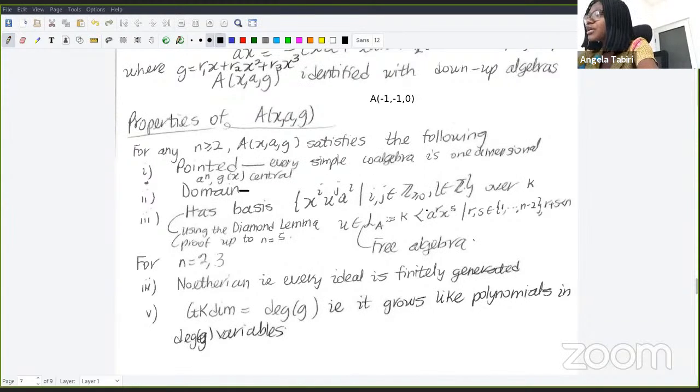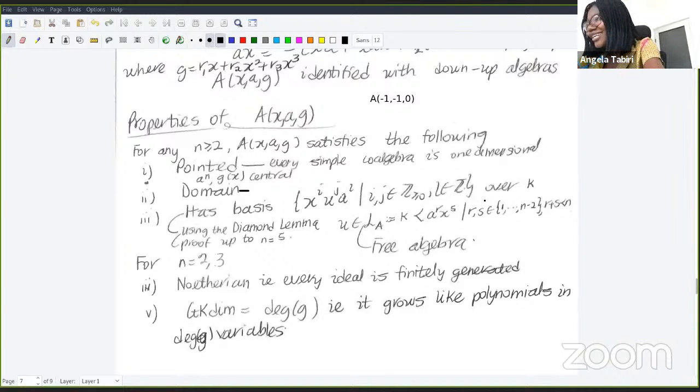But when n goes beyond 3, then this set will have more than one element. If your n is 4, then there are different possibilities for your r and s. You have AX here, that's when r and s are both 1. You also have A squared X, and you also have AX squared.